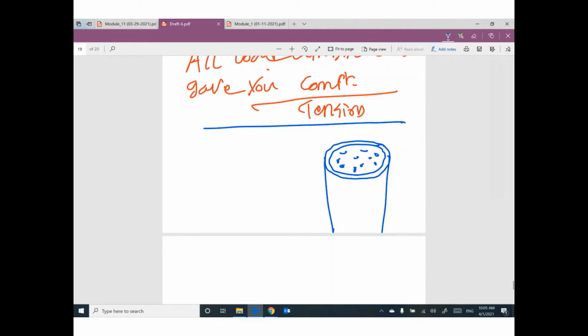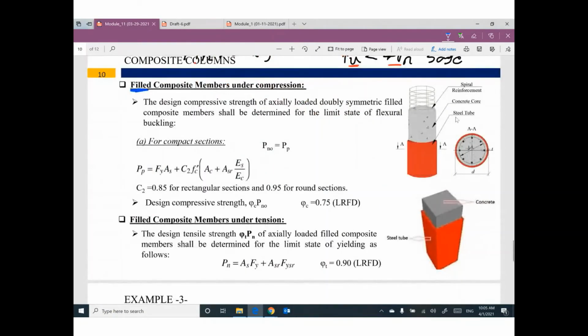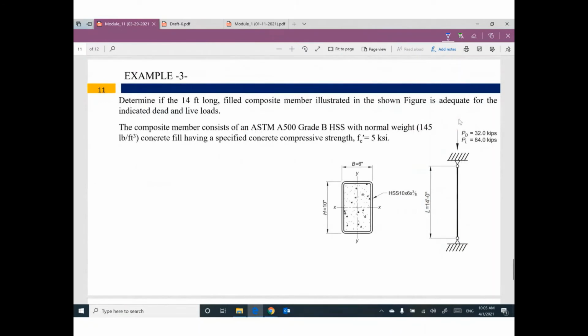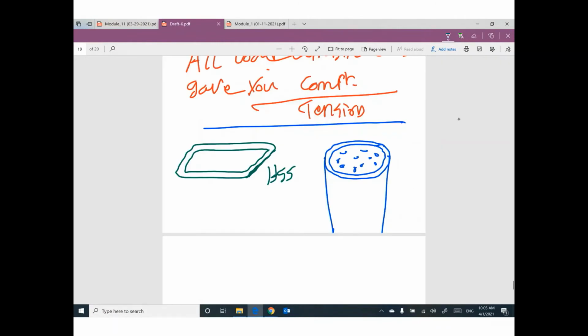Sometimes this steel tube looks like this rectangular shape, which is called HSS shapes. I will show you the table. You can get all information about this rectangular or circular tube. And this tube is filled with concrete.